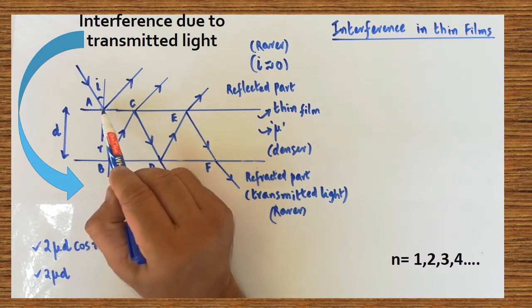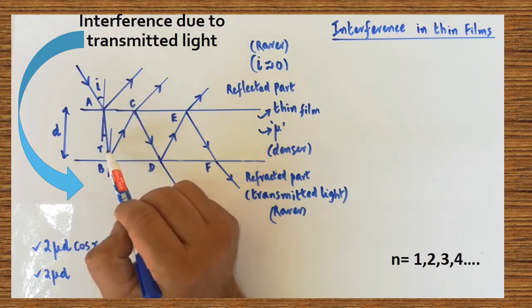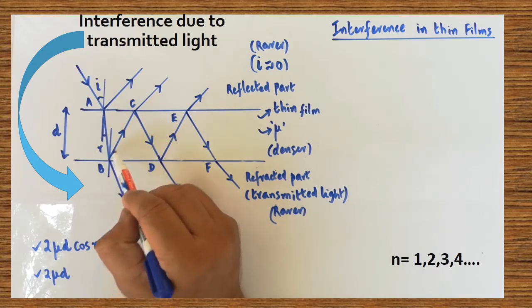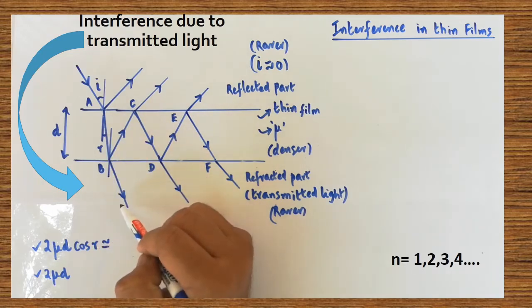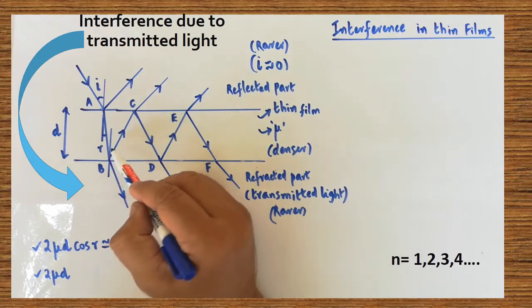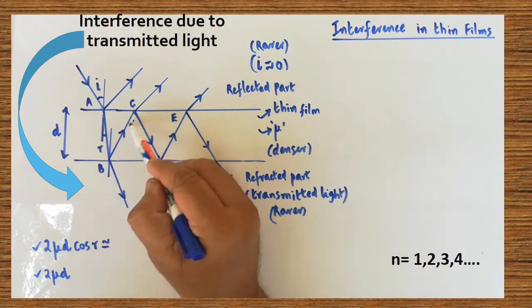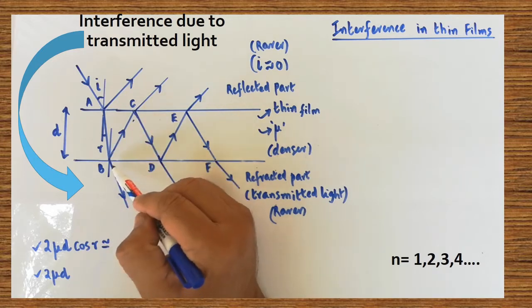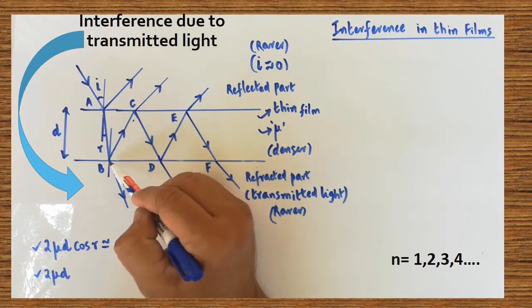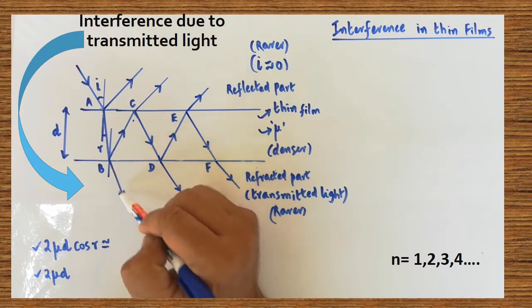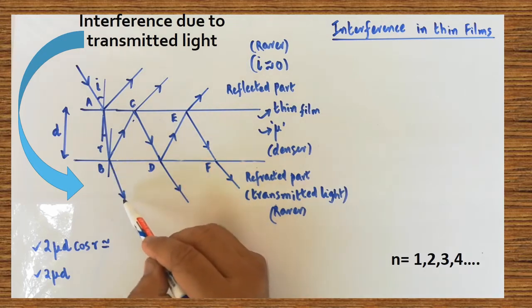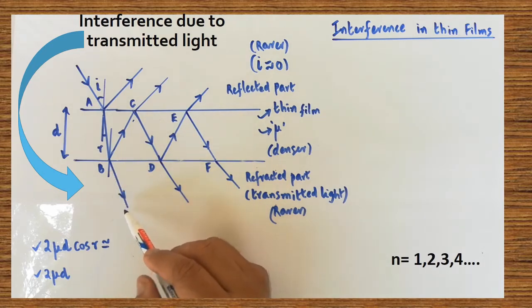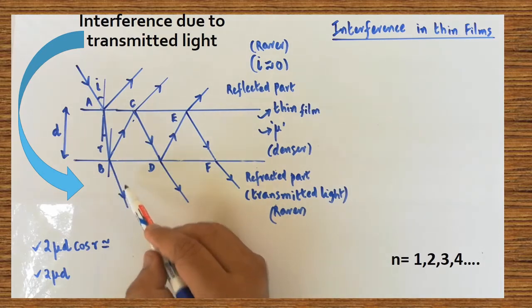After reflection and refraction, again at B, the refracted ray gets reflected and refracted. This is the ray that gets reflected within the thin film layer. Another ray gets refracted. This ray is taken as transmitted light. The refracted part of the ray is called transmitted light.